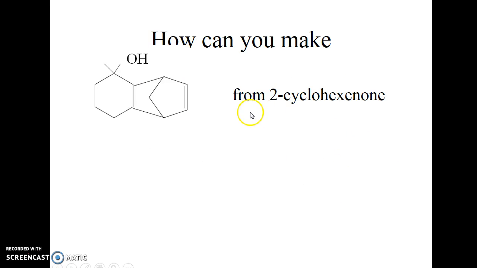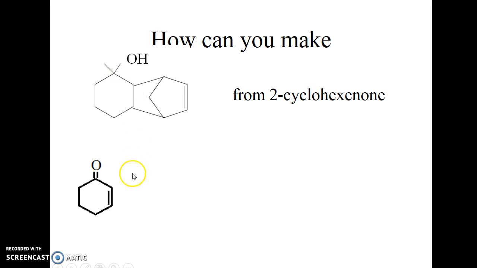So how can you make this compound from 2-cyclohexenone? Well, the first thing to do is to write 2-cyclohexenone down and try to figure out where in the structure those carbons are. And if you look, you can see an oxygen here and a 6-membered ring, and that just looks pretty much like it ought to be the 6-membered ring and this carbonyl being the source of the oxygen.